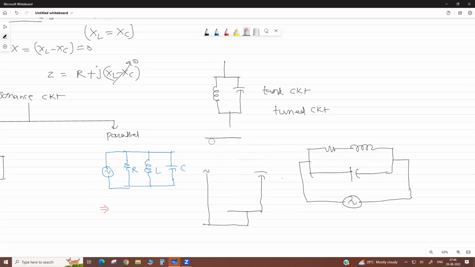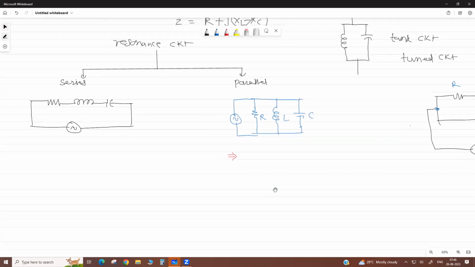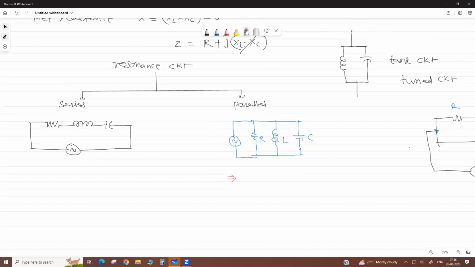Now it is clear. So generally parallel resonance is this. When the resonance condition occurs in a parallel RLC circuit, it is called parallel resonance. This is your series resonance.